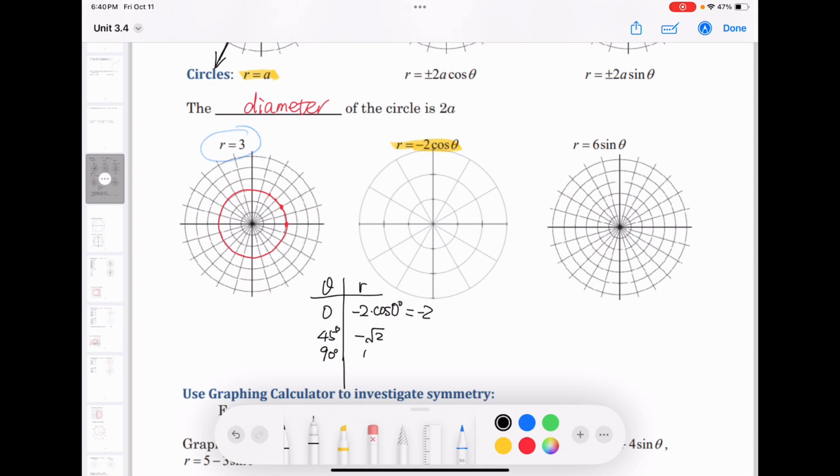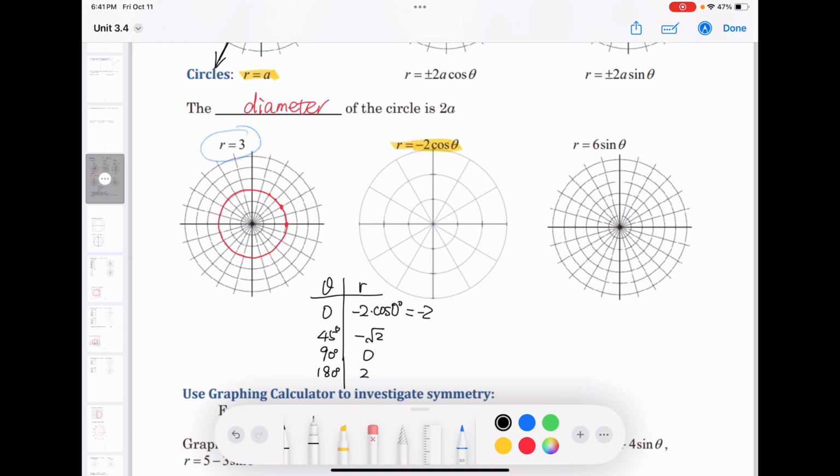We keep finding, for example, 135, 180 degrees. How about 180 degrees? We have -2 times cosine 180 degrees. Let me think about it. It is -1, and -1 times -2 is +2. So here is +2. We can keep finding more points.